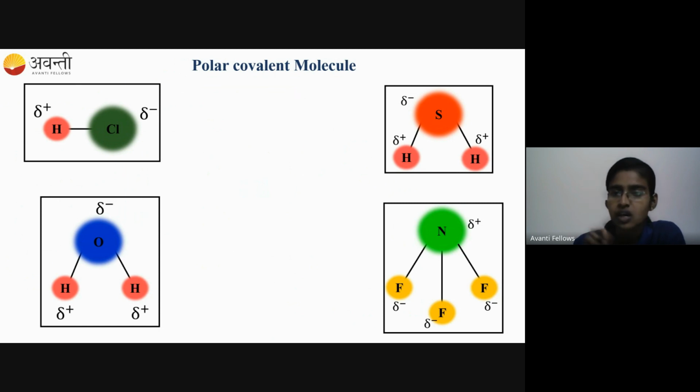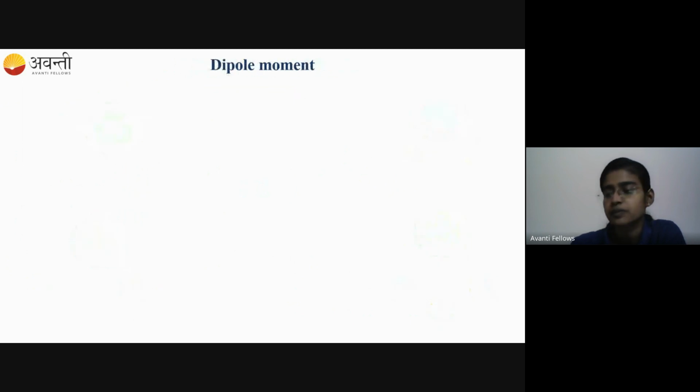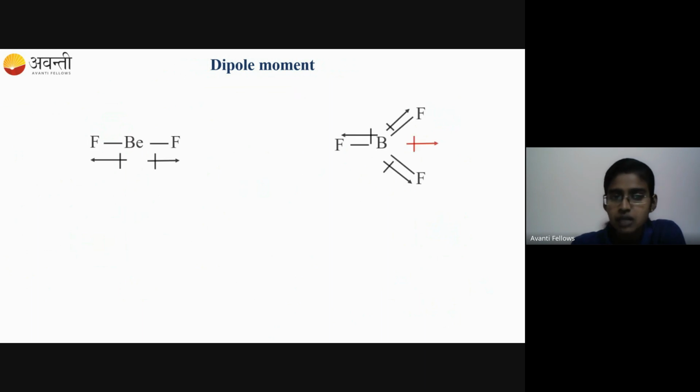Now, the measure of this bond polarity using a number is called dipole moment. The measure of bond polarity is denoted by the letter mu, and it is called dipole moment. Now, for symmetrical molecules, symmetrical means if I cut the molecule into two, I will get two equal halves. So BeF2, beryllium difluoride, here it is symmetrical because if I cut, I will get two equal halves.